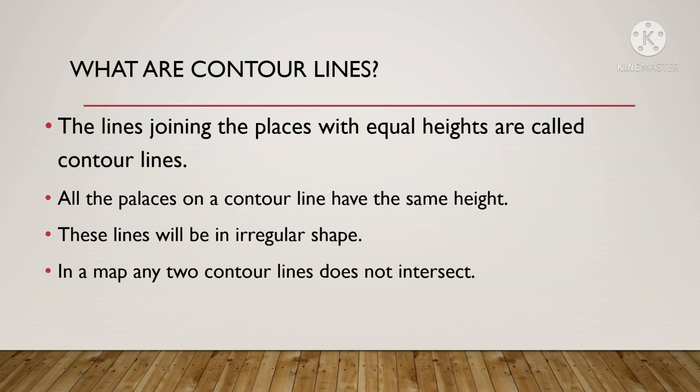All the places on a contour line have the same height. These lines will be in irregular shapes. It means that contour lines do not have a specific shape. In a map, any two contour lines do not intersect.